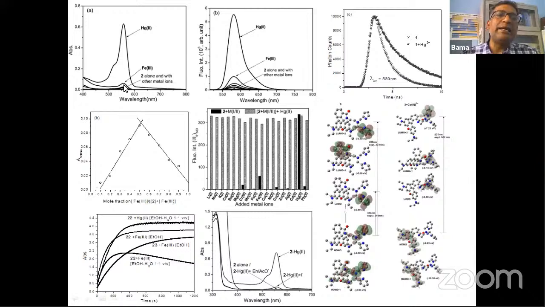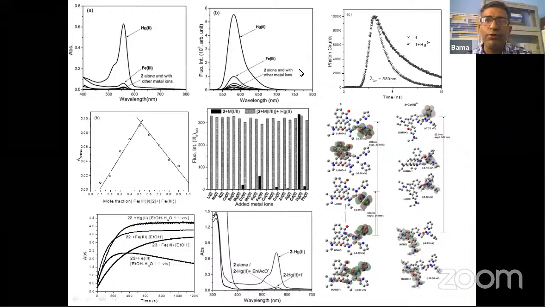In this case, we can see that there is absorption enhancement, there is fluorescence enhancement, there is a change in the excited state lifetime, the Job plot which shows the stoichiometry of complexation, and there is selectivity experiment, kinetic experiment, the reversibility experiment, because until and unless a molecular probe comes back to its original state, it cannot be called a sensor because we cannot use them.